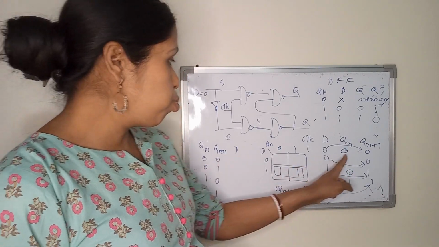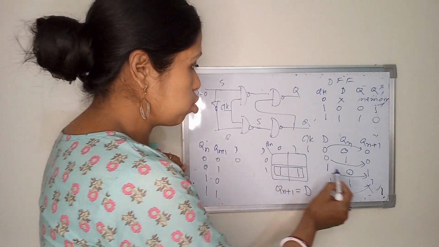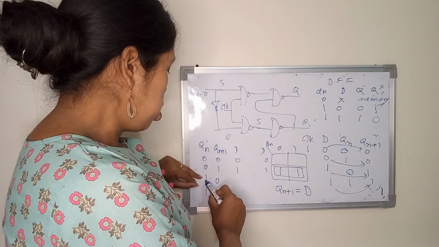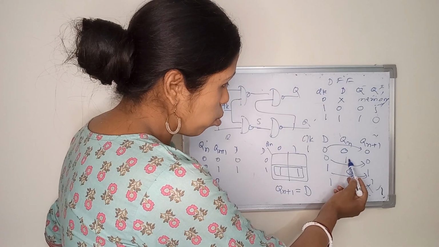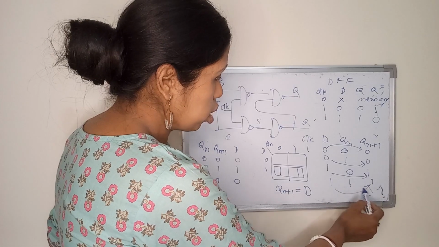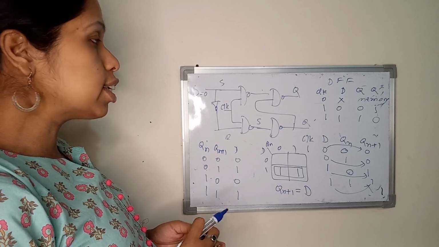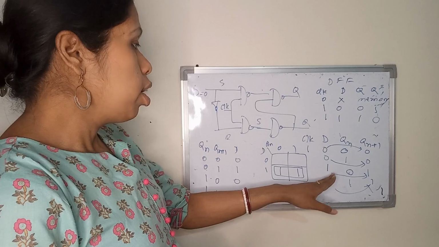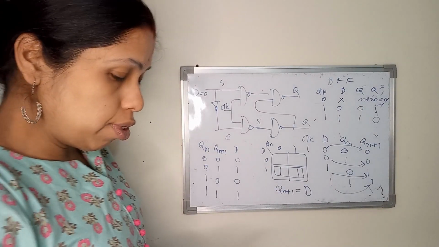If both are 0 0, D is 0. Qn is 0, Qn plus 1 is 1, so D is 1. Qn is 1, Qn plus 1 is 0, so D is 0. Both are 1 1, D is 1. So this is the truth table, the characteristics table, the characteristic equation, and the excitation table of the D flip-flop.